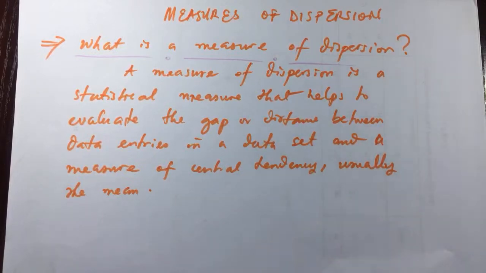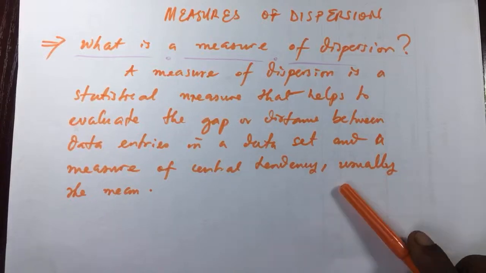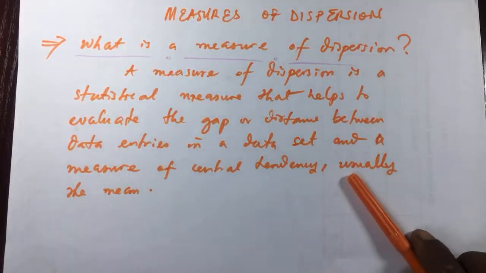Because it produces that kind of person for us, we call that person the value produced by a measure of central tendency, and we call the process itself that produced that person the measure of central tendency.